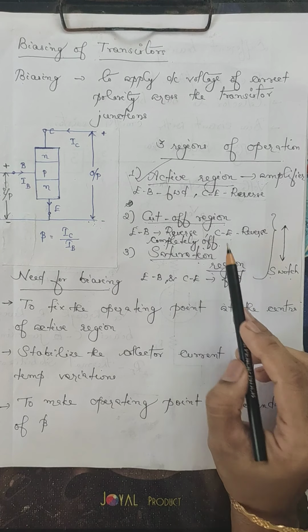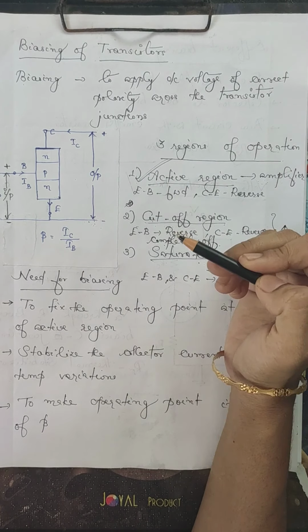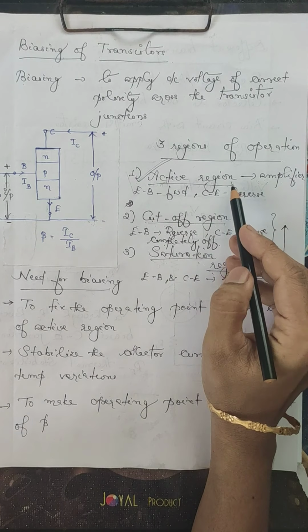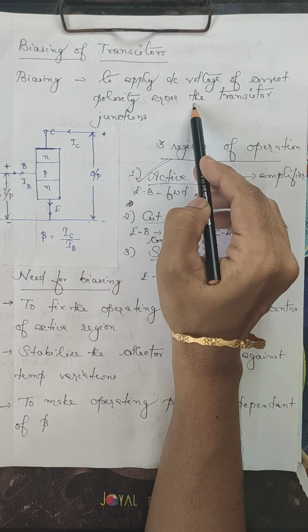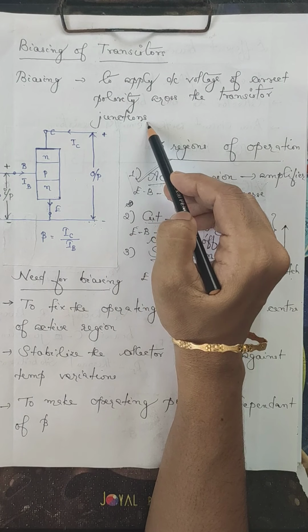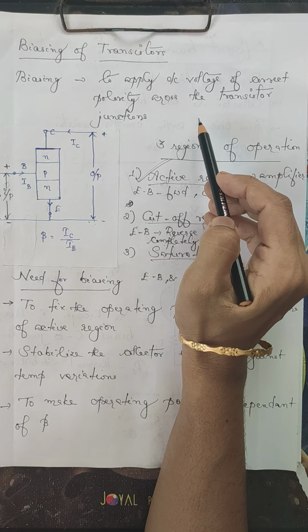The normal operating region of a transistor is the active region because the transistor is commonly used as an amplifier, so it should be operated in the active region. Biasing is defined as the process of applying DC voltage of correct polarity across the transistor junctions in order to make the transistor operate in the active region.